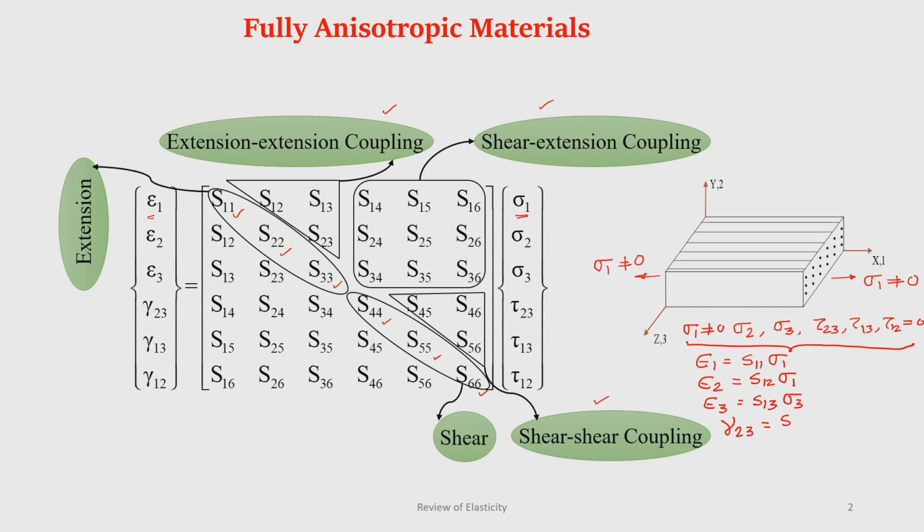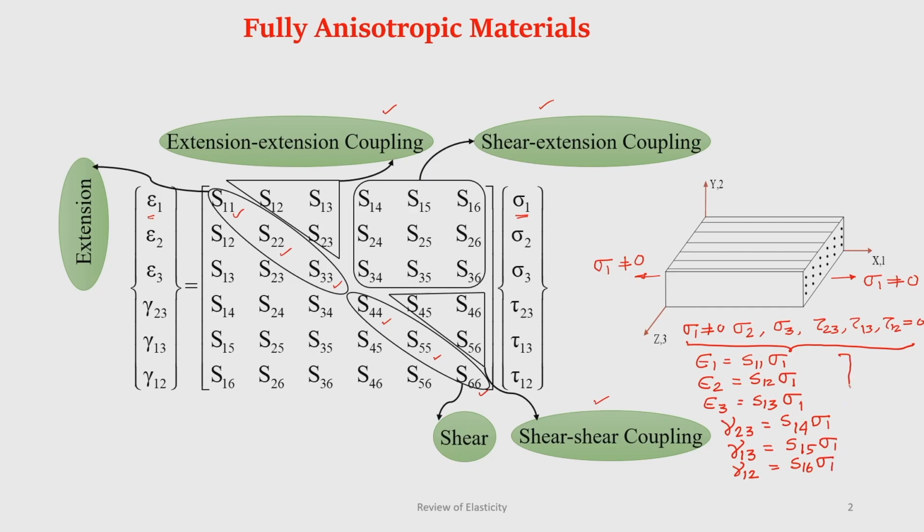S14, sorry, this is sigma 1, S14 sigma 1. There will be also shear strain gamma 13, that is S15 sigma 1. There will be also shear strain gamma 12, that is S16 sigma 1.